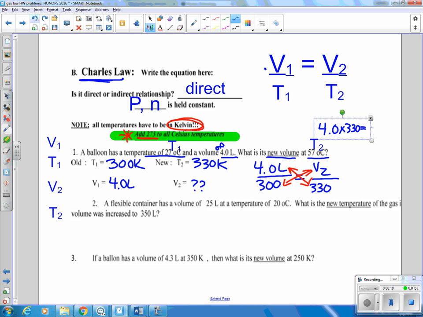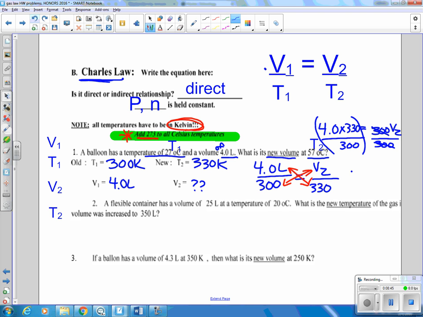300 times V2, and that makes you then divide both sides by 300 like this, and so then you cancel out the 300, and then this is the math that you're going to do. And notice that your fraction of the 2 temperatures is going to make your 4 number go up.